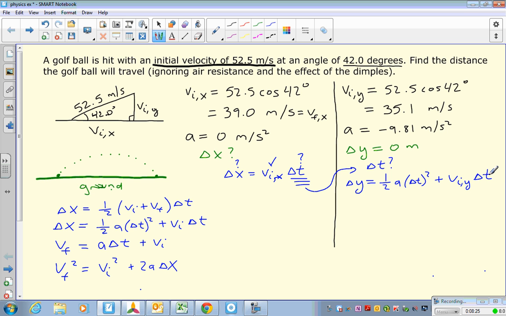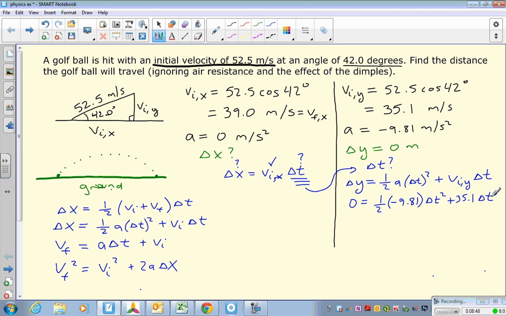So delta y is 0, 1/2 acceleration, I know it's negative 9.81 meters per second squared. To save space, I'm just going to write the number, delta t squared, plus v initial in the y direction, which we calculated as 35.1 meters per second, delta t.